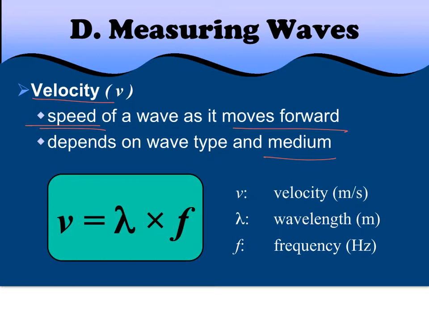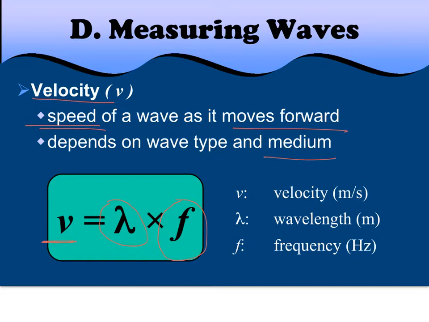And so to find velocity, we need to know the wavelength, which is this funky looking letter. It's actually a lambda. And you need to know the frequency. Remember, the wavelength is the distance measured between crest to crest or trough to trough.